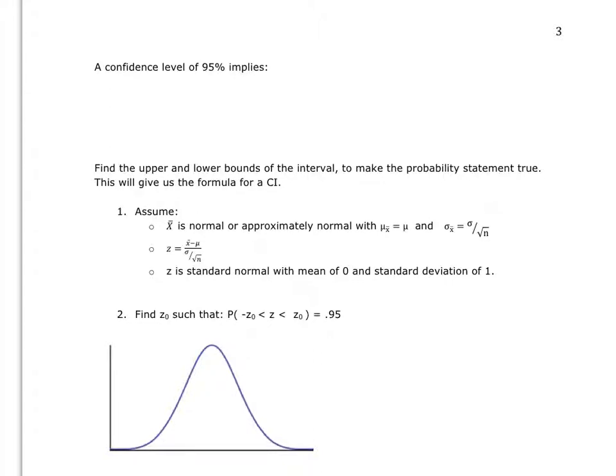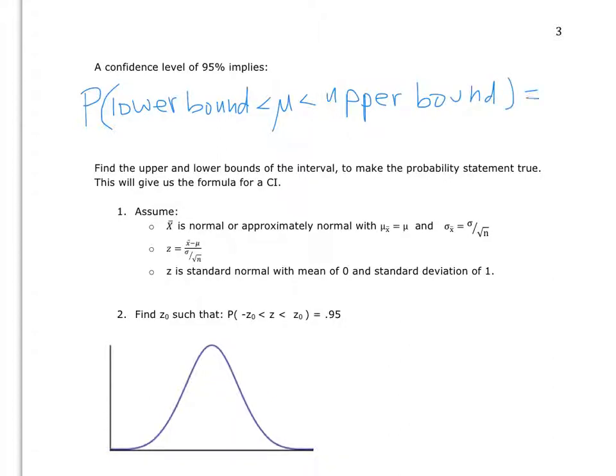Okay, we're saying if we have a 95% confidence level, what that implies, if we write this down in probability notation, is that the probability that the lower bound is less than mu, the true population mean, is less than the upper bound, that probability is equal to 0.95.